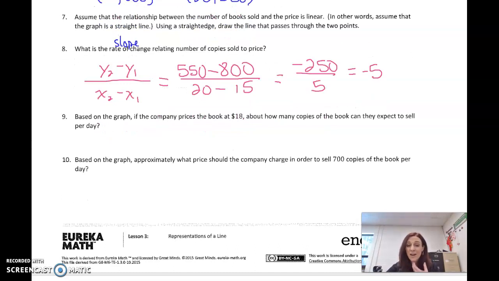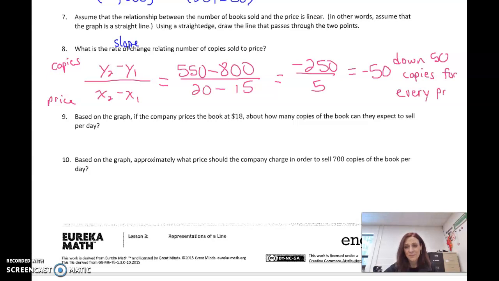So our copies is our y, our price is our x. So if we have negative 50 or negative 50 over 1, it means the number of copies goes down. Down 50 copies for every price increase.